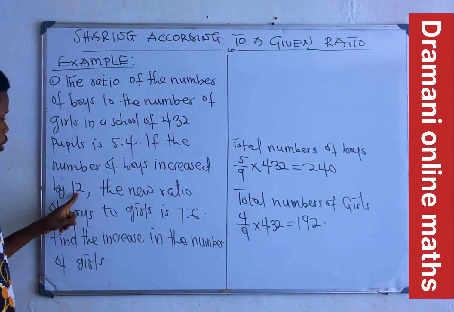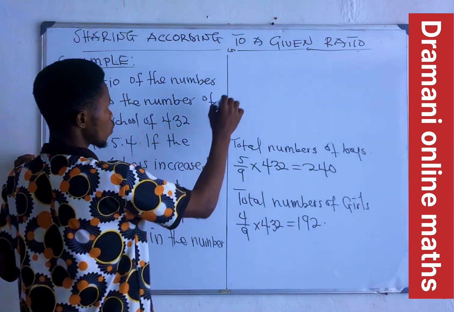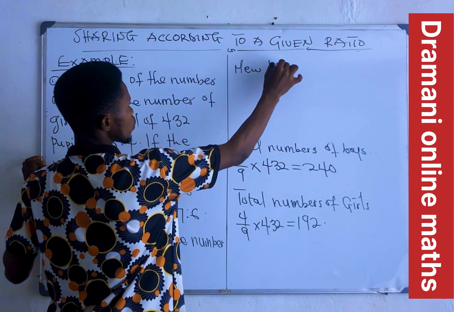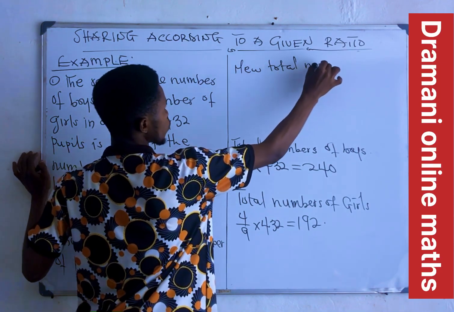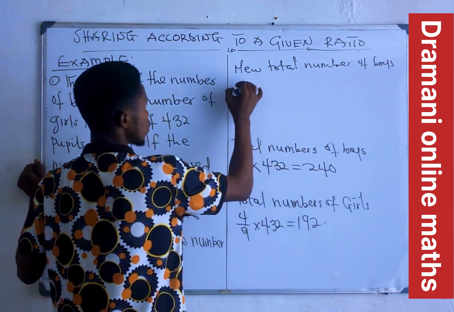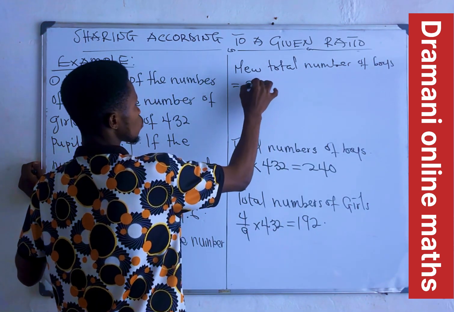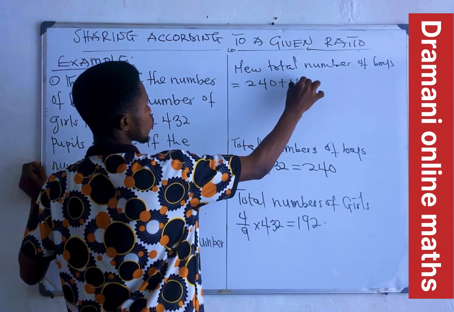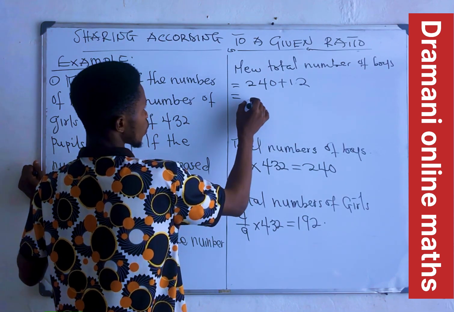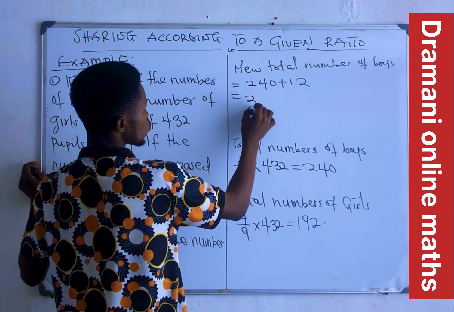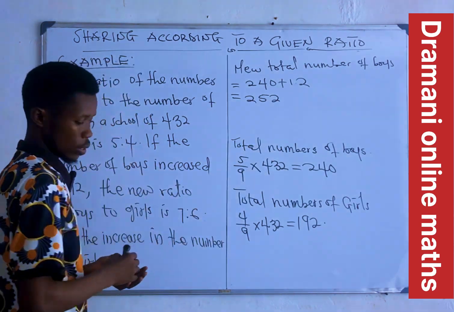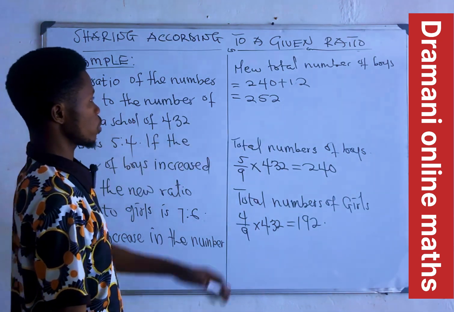So if I increase the boys by 12, the new total number of boys becomes 240 plus 12. Is that okay? And this will be 252, right? Yes. So this is what you are going to get.